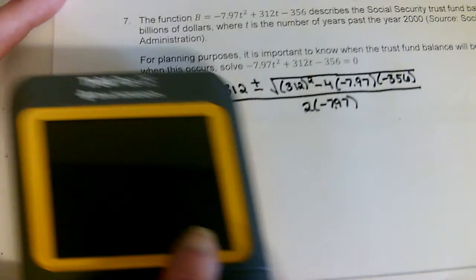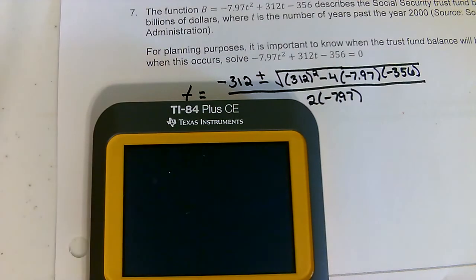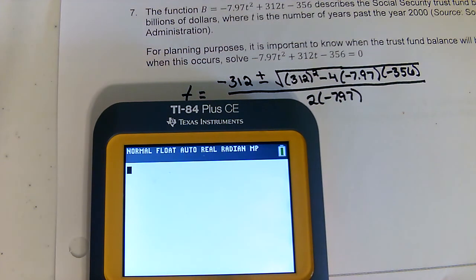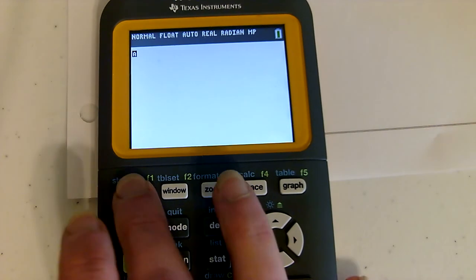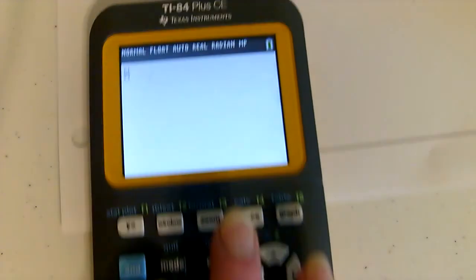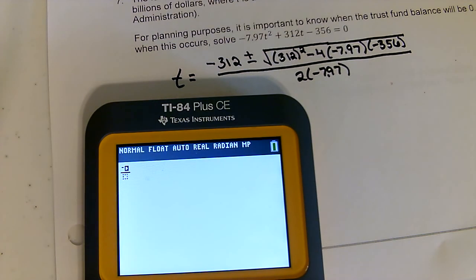So let's see. I'm going to use my calculator. So let me clear this out. If you're working with an updated TI-84, if you press alpha y equals, that gives you a fraction. Negative 312. I'm going to go with plus the first time. The square root of. Keep the parentheses just like you have it in your problem.